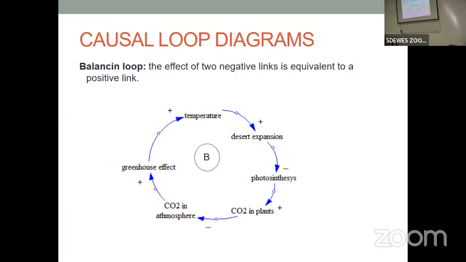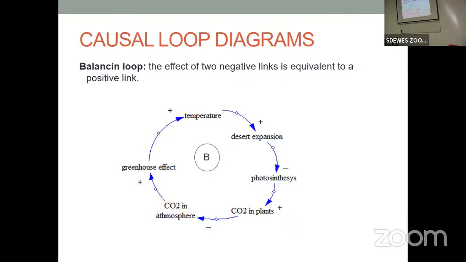The photosynthesis of the plants, if it increases, increases the CO2 in plants, and CO2 in plants will decrease the CO2 in the atmosphere. So in this case, we have a loop with four positive signs and two negative signs. These two negative signs, by multiplying, convert into one positive. So negative by negative is positive.